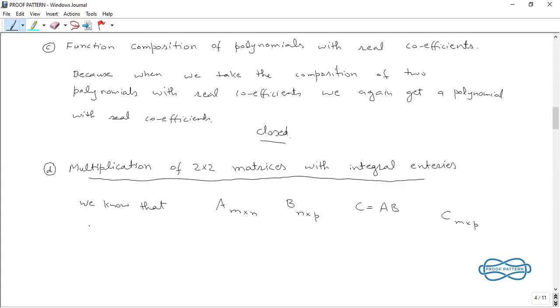In our case, matrix A is 2 cross 2, and matrix B is also 2 cross 2. Then, of course, if we multiply these two matrices A, B, we again get C as 2 cross 2. So this shows that this operation is closed. Okay, we move further.